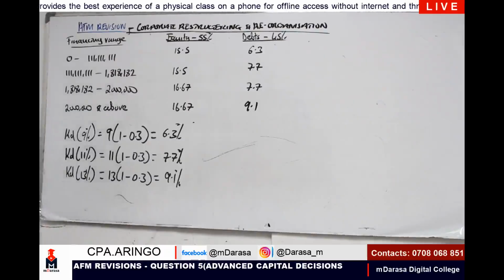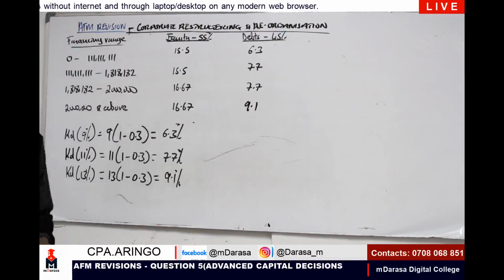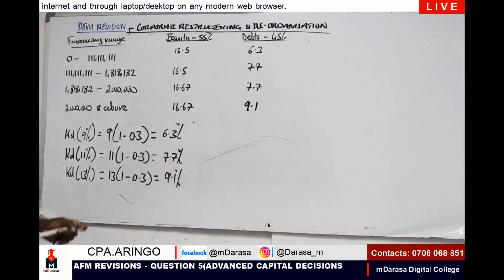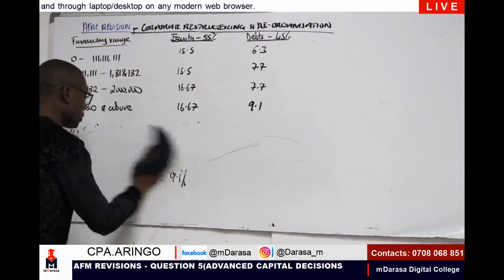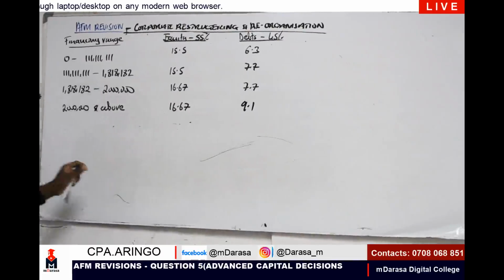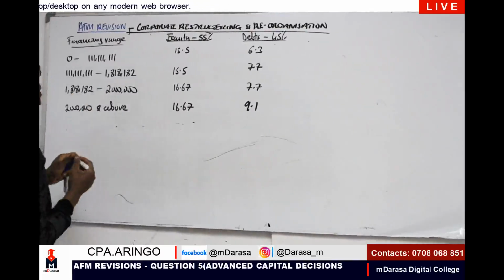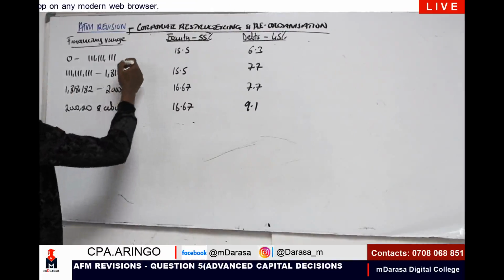So once we have that, things will be very easy now on our end to determine what the examiner wanted us to determine, the WMCC of each interval. You're having the weight and the cost component.